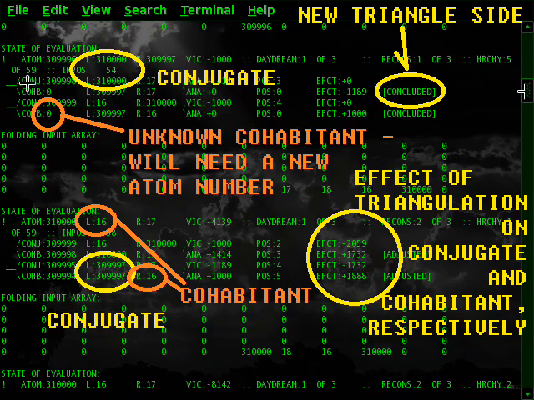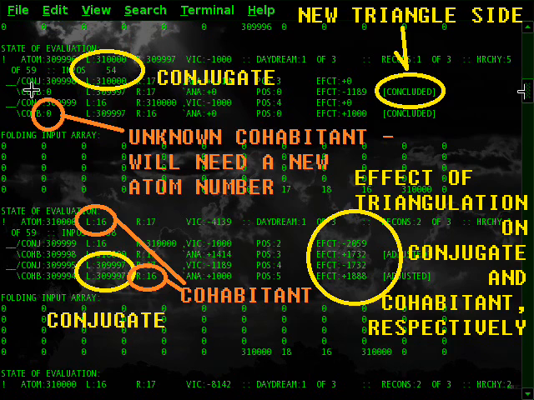And it is going to show you its conjugate and its cohabitant. In this case, it found a conjugate with this atom number, with the left atom in common, and the right atom is different. Okay? So this is its conjugate atom, the second side of the triangle.